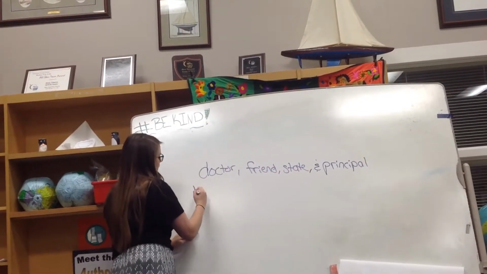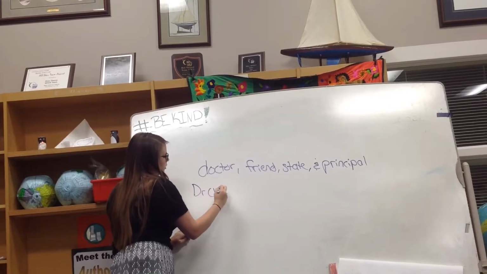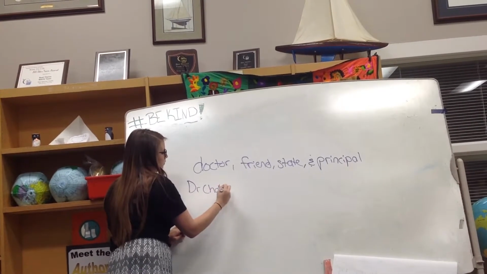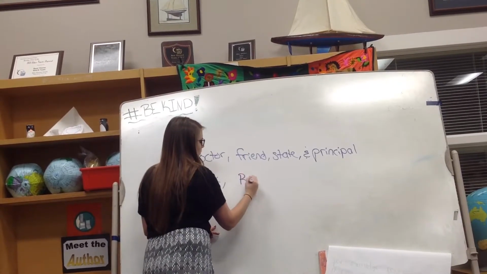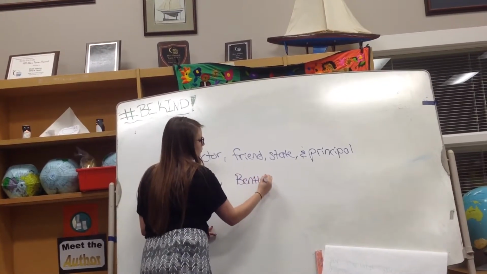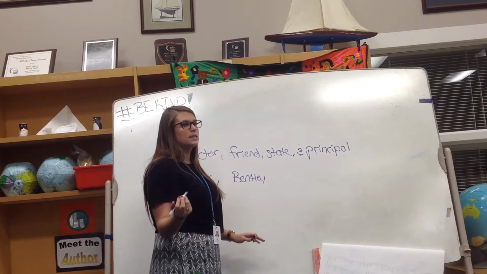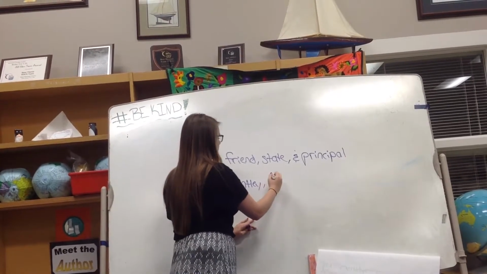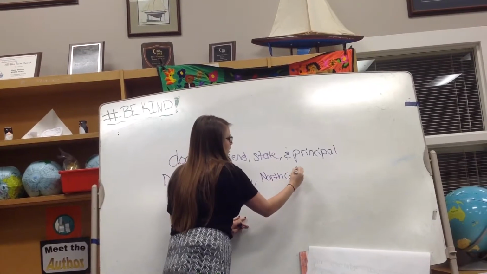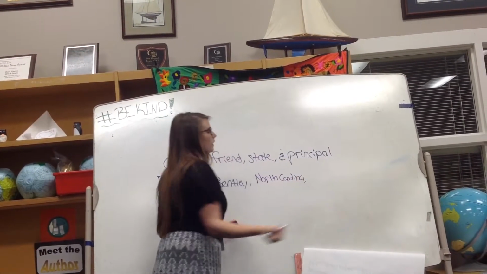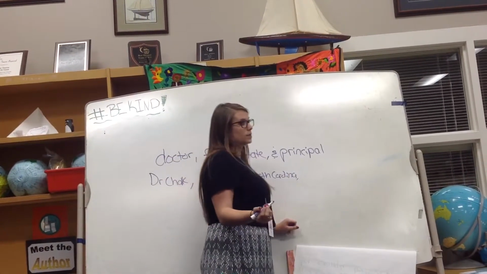Like for doctor, it could be Dr. Chalk. For friend, pick a friend's name. Bentley. A state, you can pick the state we live in or another state you know about. North Carolina. And then a principal, you can put your principal's name.